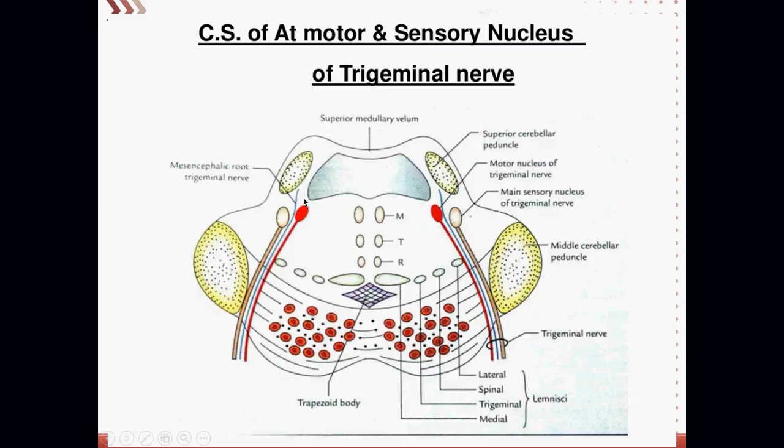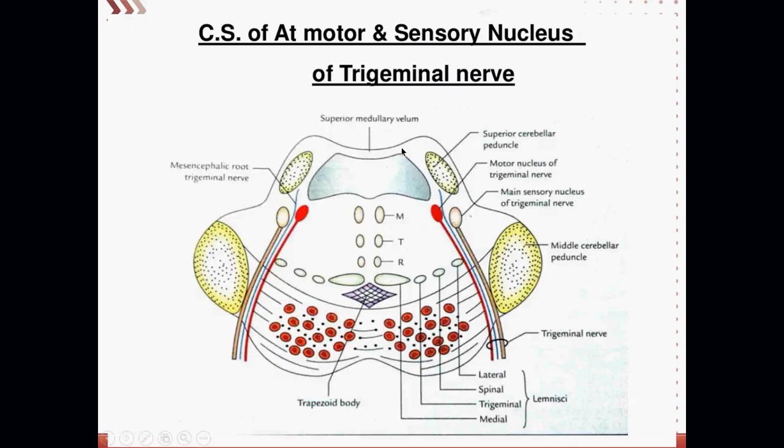In the upper part, you can see the small cavity, that is the cavity of the fourth ventricle. And on each side of the cavity of the fourth ventricle, there is a superior cerebellar peduncle.